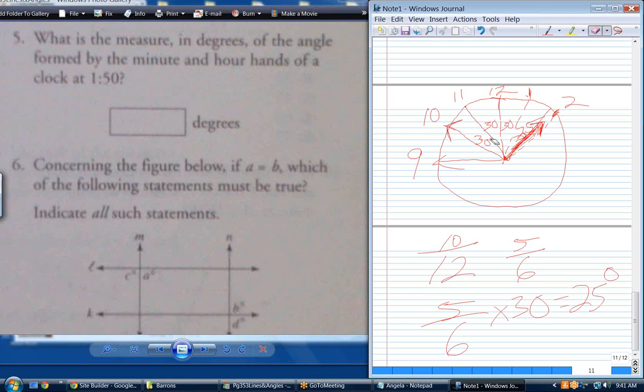Correct. In other words, once you figure out that it's always 30 degrees between two numbers, now we want 9/12 of 30 degrees. So that angle would be 30 plus 30 plus 30 plus 30 plus 9/12 of 30, which is not a whole number, but it's okay. Doesn't need to be.